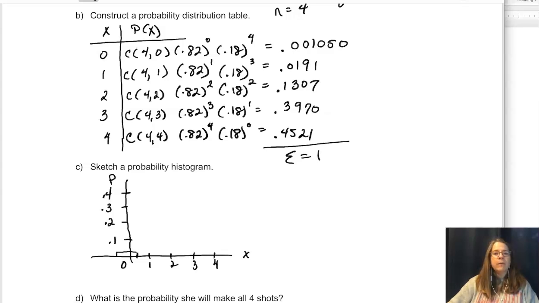It only has a probability of 0.001, so it doesn't go up very high. In fact, what I've done right now is I've exaggerated the height of this bar, just so that we could see it. The next bar is slightly higher, but still it's going to be exaggerated on your paper. The bar above 2 goes up to 0.13.